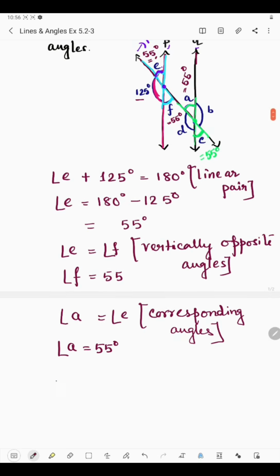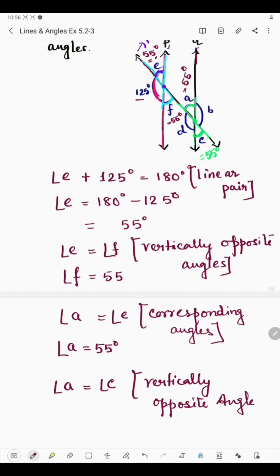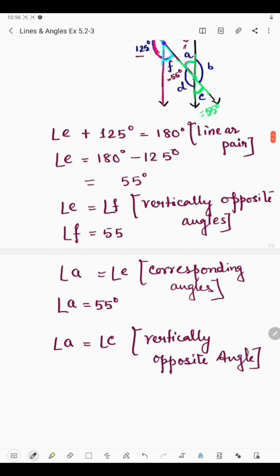We will write angle A is equal to angle C as these are vertically opposite angles. So if angle A is 55 degrees, then angle C is also 55 degrees.